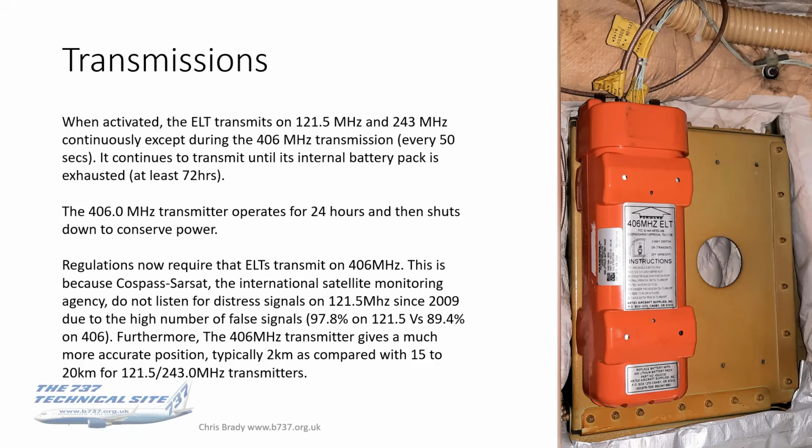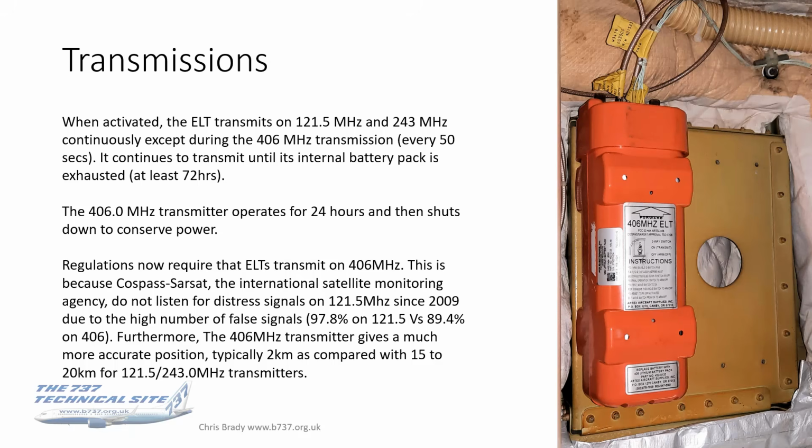Now, regulations now require that the ELTs transmit on 406 megs. They didn't used to. It just used to be 1215 and 243. But 406 is now mandated, and that's because COSPAS-SARSAT, the International Satellite Monitoring Agency, and this may surprise you or worry you, they no longer listen for distress signals on 1215, and they haven't done since 2009 due to the high number of false signals.